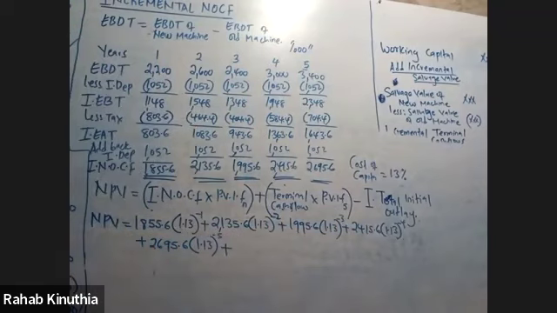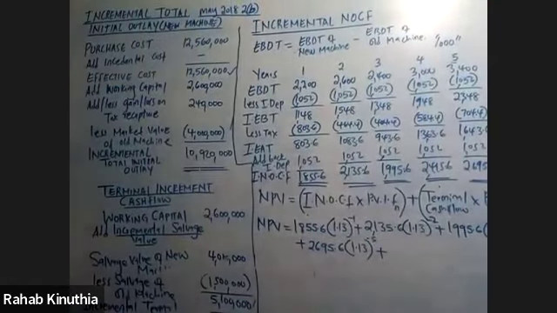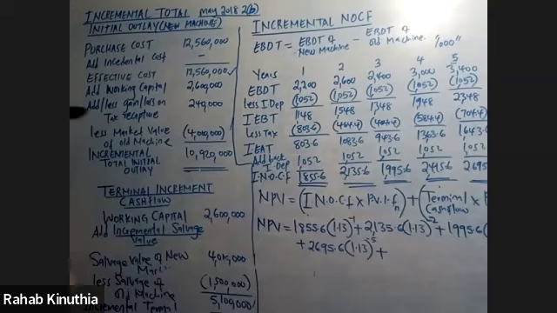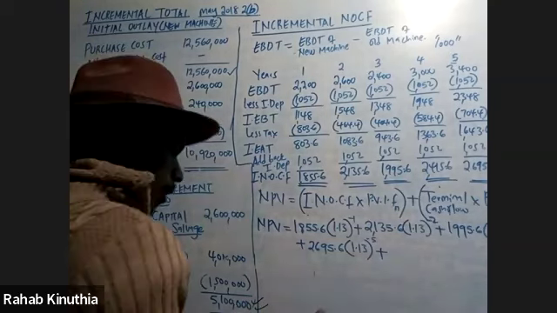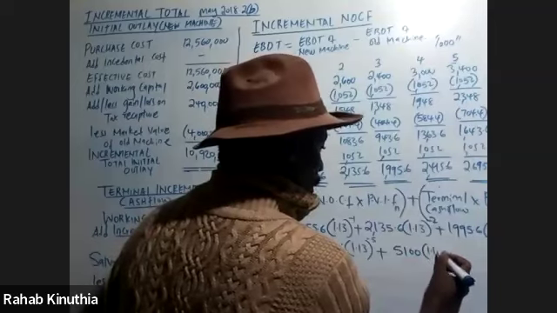But remember to add the terminal cash flow. Here it is, our terminal cash flow. We got around 5.1. That was our incremental terminal cash flow. It is in thousand, so it will be 5100 times 1.13.